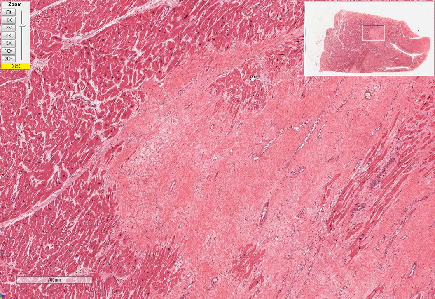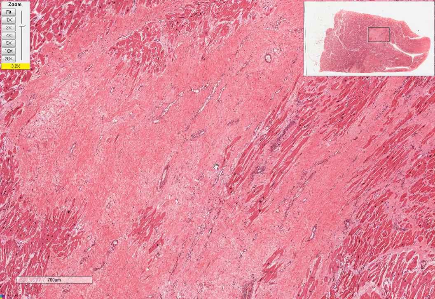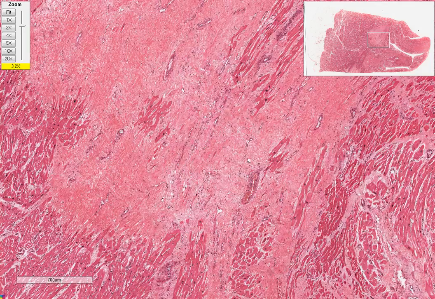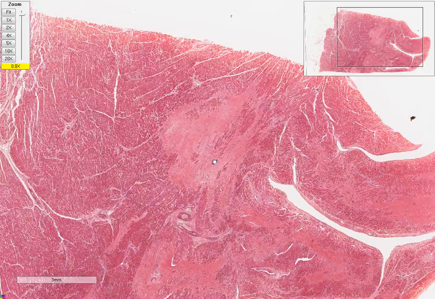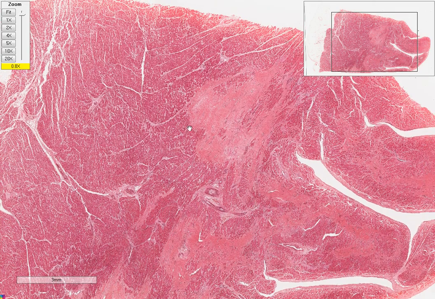So there are some little pockets of residual viable cardiomyocytes, but most of these pale areas are replaced by fibrous scar tissue. So you can imagine that the heart ventricle, this is the ventricle wall, will experience loss of tensile strength because of this scar here, because the cardiac muscles do not regenerate, and there will also be some associated loss of elasticity.